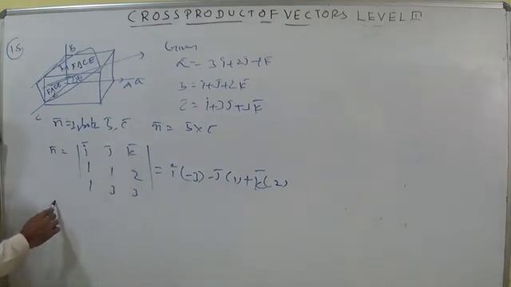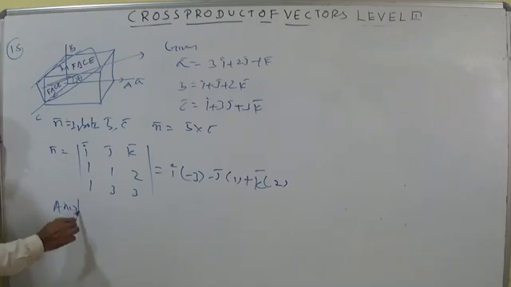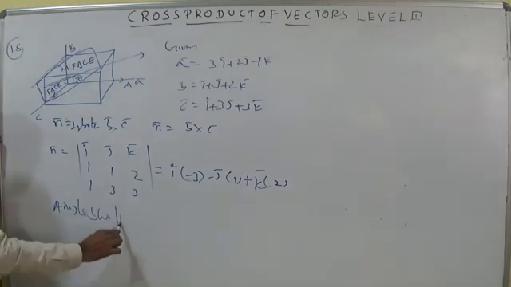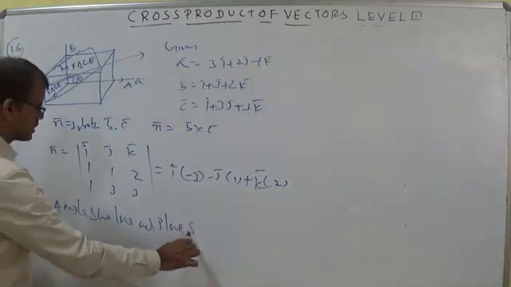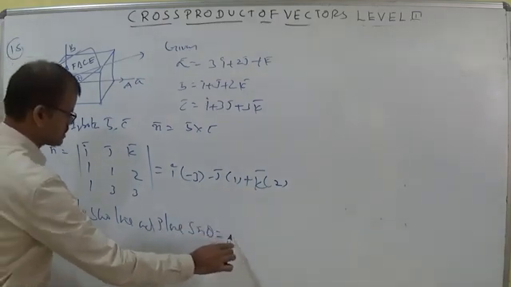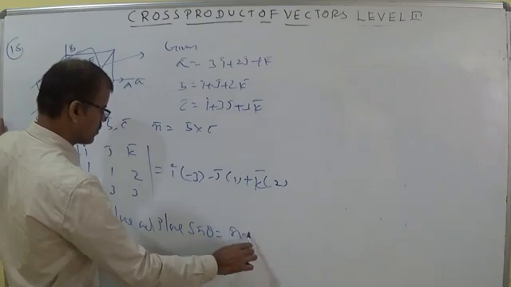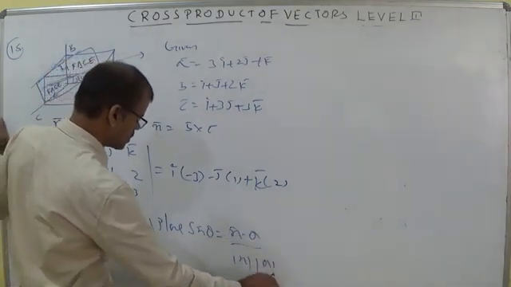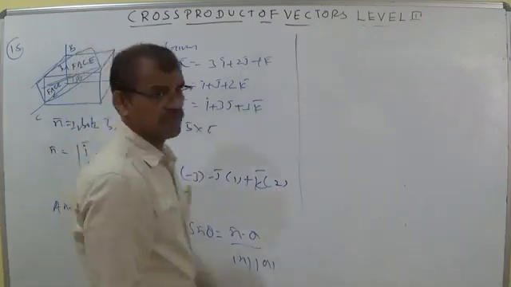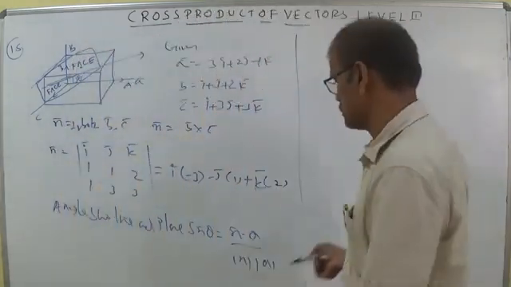Now you should calculate the angle between line and plane. I am writing the angle between line and plane is the sin theta formula, not cos theta. Sin theta is equal to n bar dot a bar by modulus of n into modulus of a. Originally it is the cos theta formula, cos of 90 minus theta here.